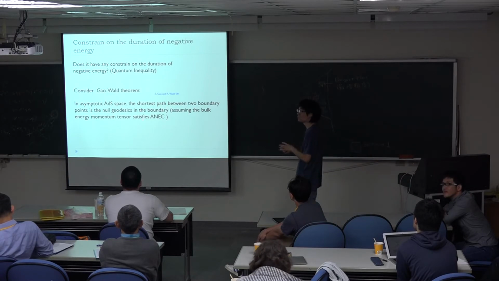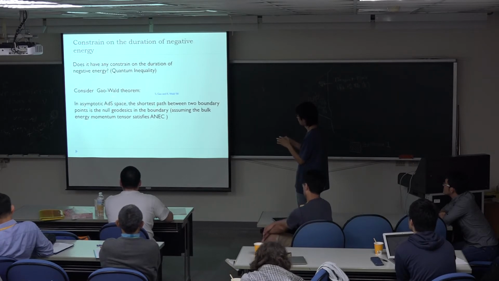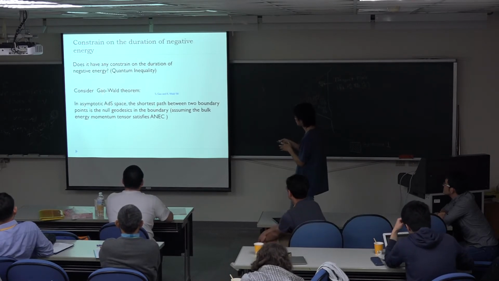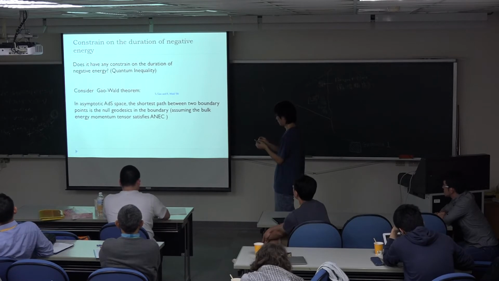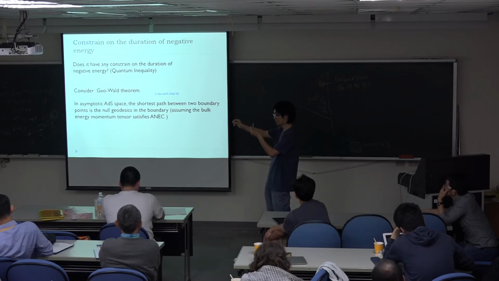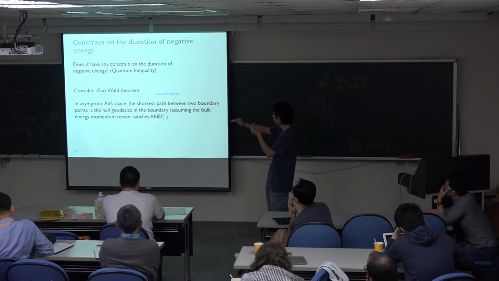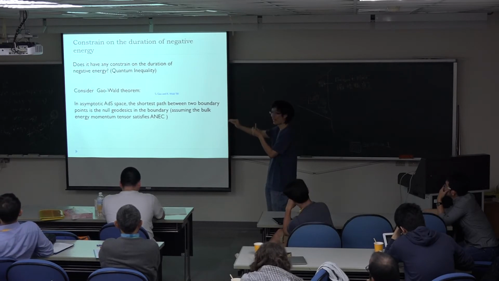Because we want to put some constraint on the energy momentum tensor, this constraint comes from the Gauss theorem. It basically says that if you connect 2 points on the boundary by a time-like geodesic or time-like path in the bulk, then the boundary component also needs to be time-like.